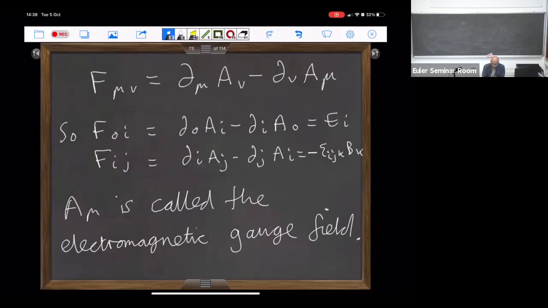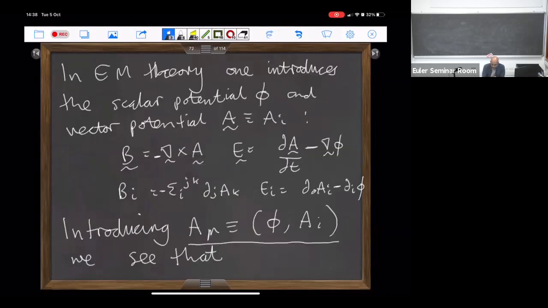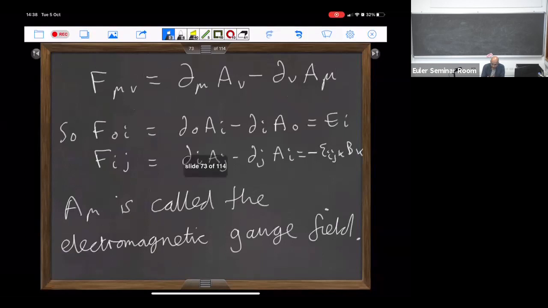And if you then take these expressions, you see that they combine into a very nice covariant expression, which expresses the electromagnetic field strength in terms of a certain combination of derivatives of A mu. So A mu is called the electromagnetic gauge field for reasons that will become a bit clearer in a moment.